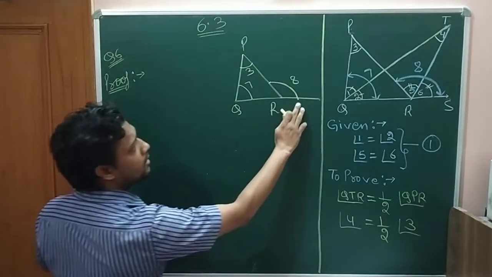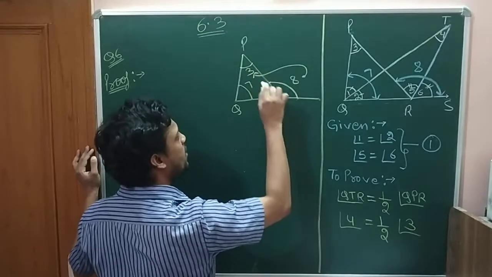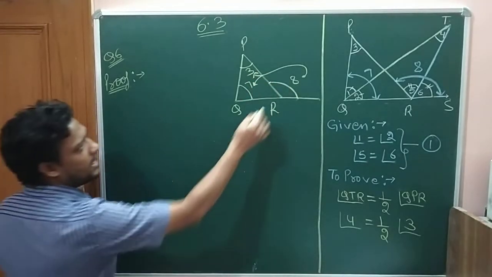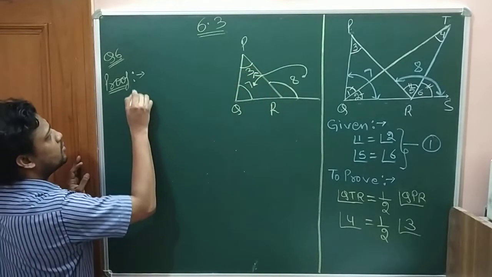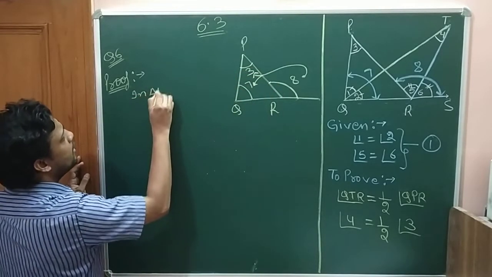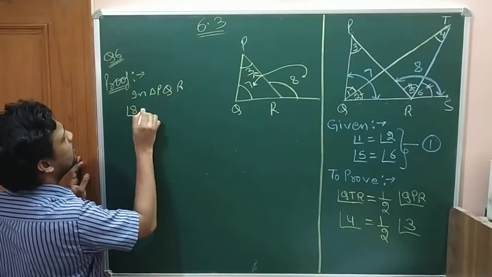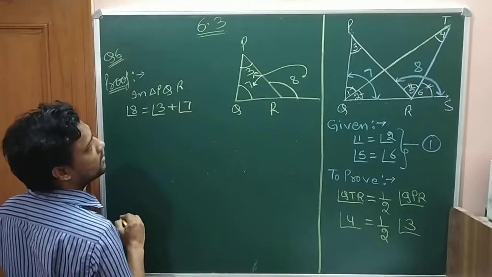So by exterior angle property, angle 8 is equal to angle 3 plus angle 7. So now I can write here, in triangle PQR, angle 8 equals angle 3 plus angle 7.